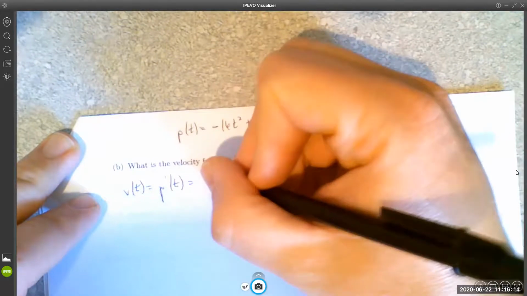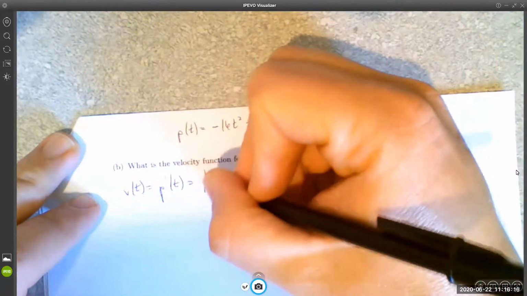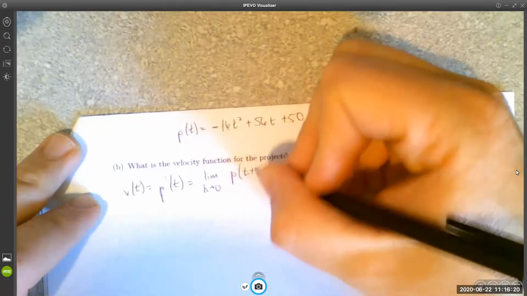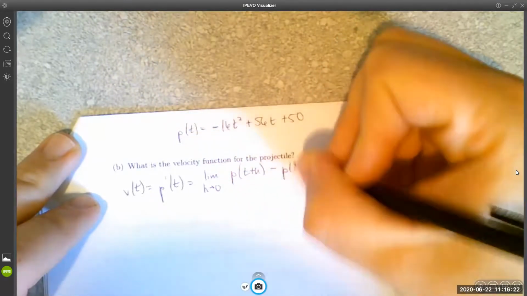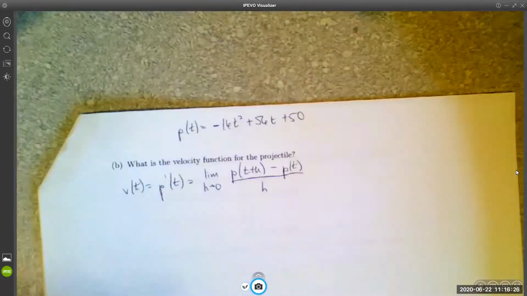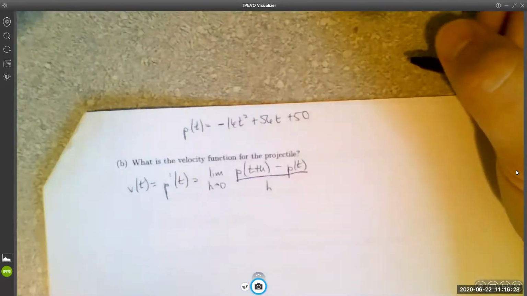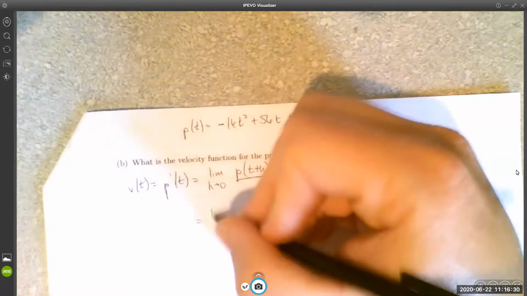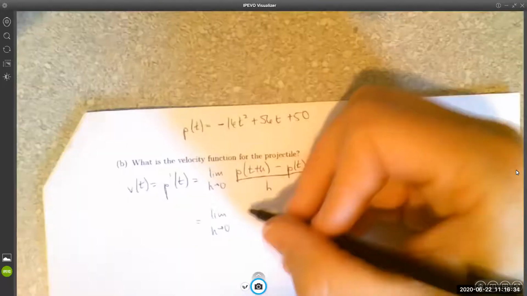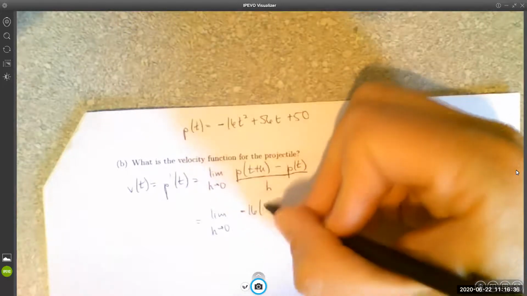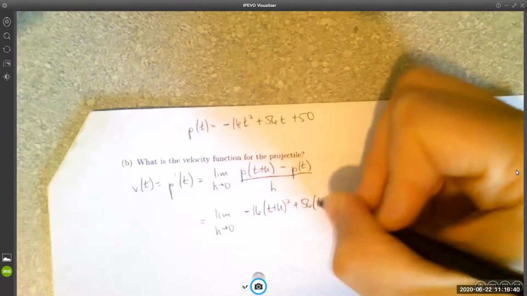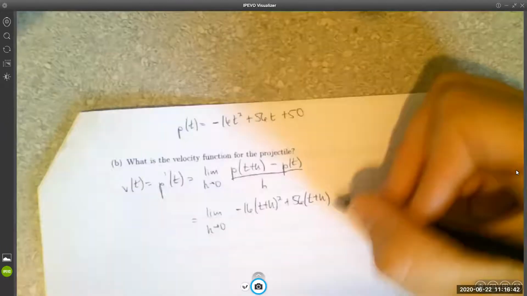So the velocity function is the derivative of the position function. That's going to be the limit as h approaches 0 of p of t plus h minus p of t divided by h. Okay, p of t plus h, that's going to be negative 16 times t plus h squared plus 56 times t plus h plus 50.